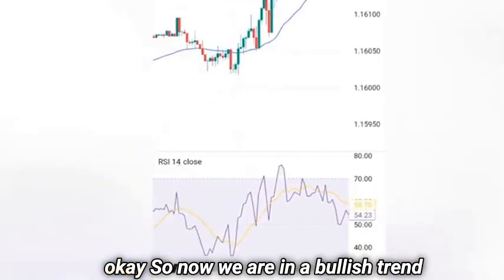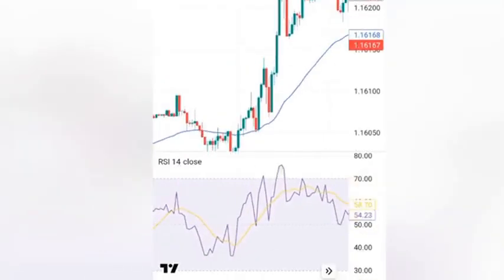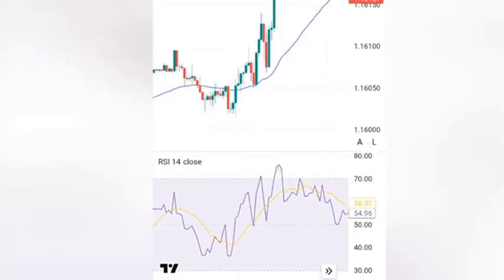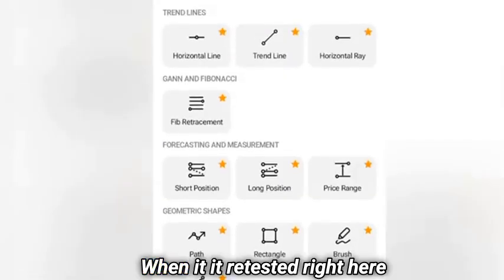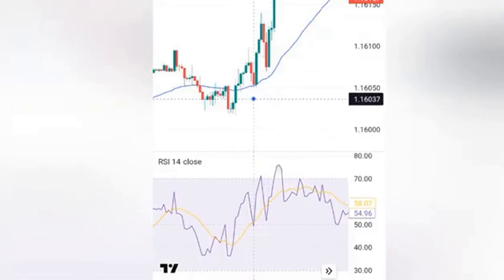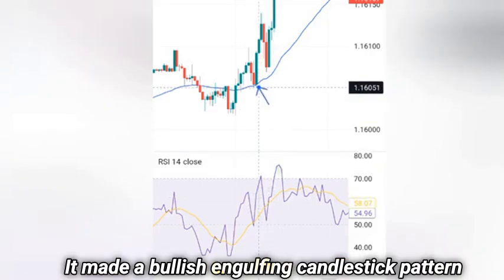Now we are in the bullish trend. It came back here and retested our indicator, which is a moving average. When it retested right here, can you see this? It made a bullish engulfing candlestick pattern.